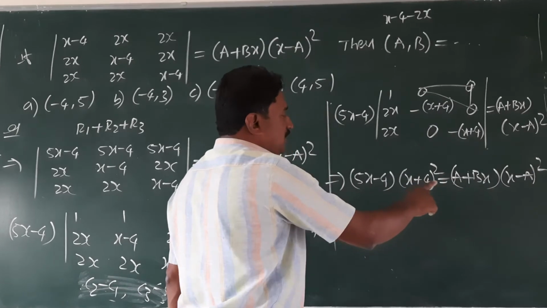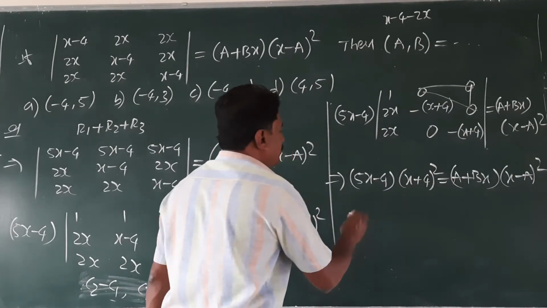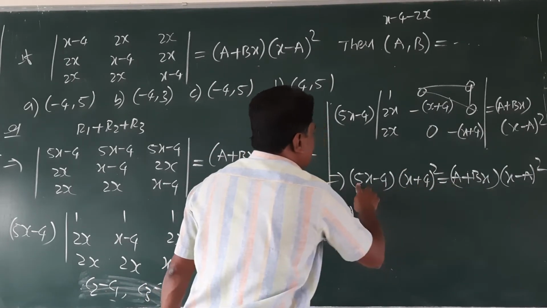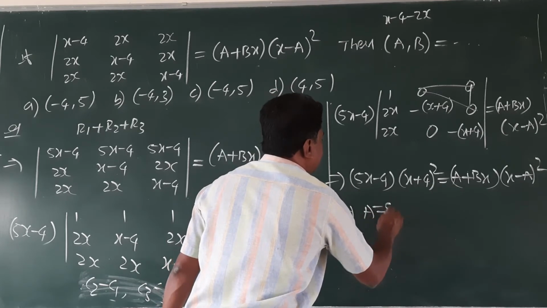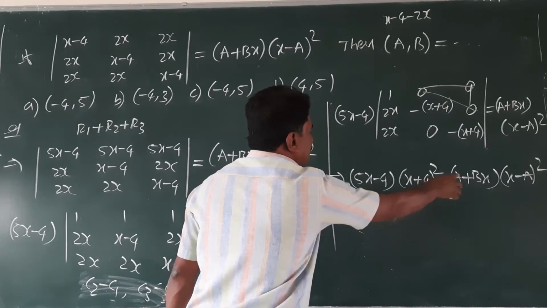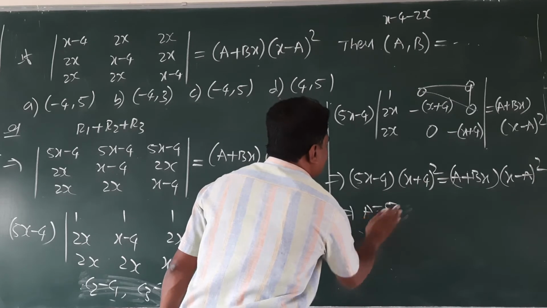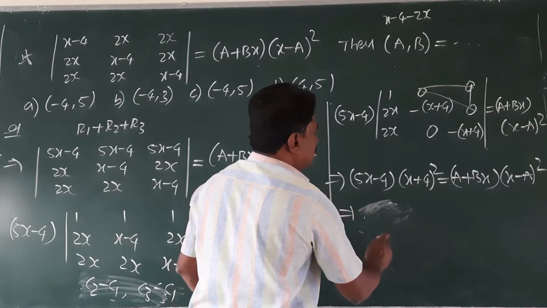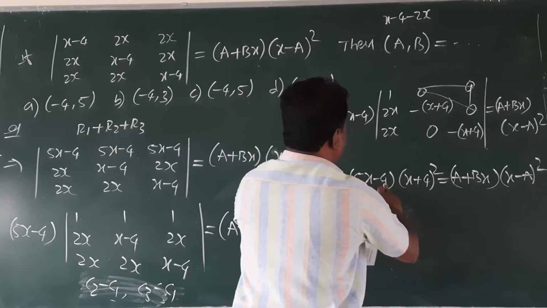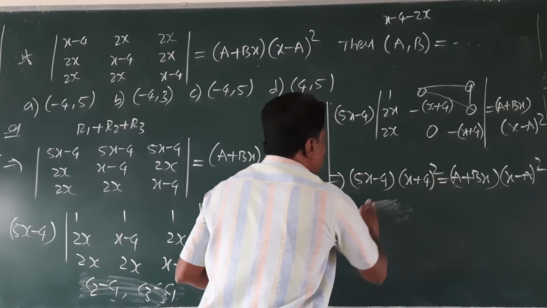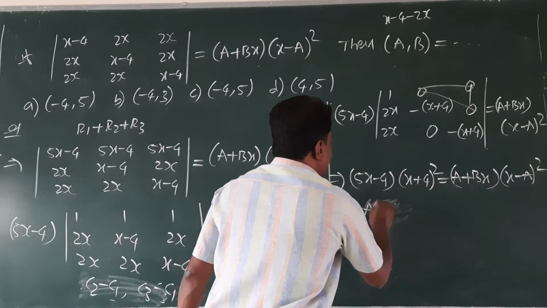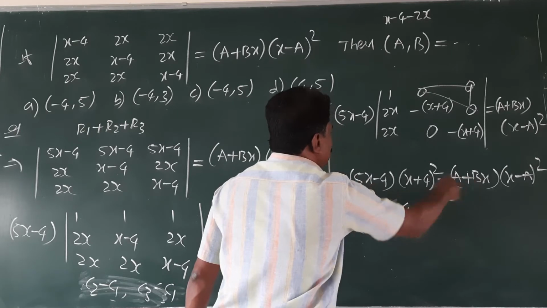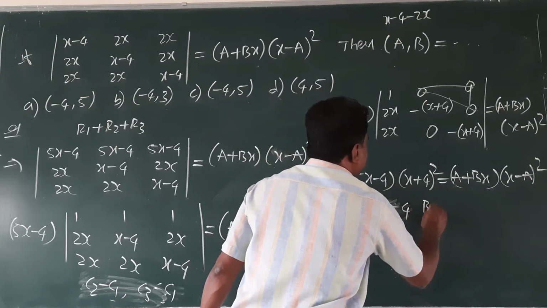You compare, students, to pick the a value and b value. From this, a is −4, b is 5; this is a + bx. So a is −4 and b is 5.